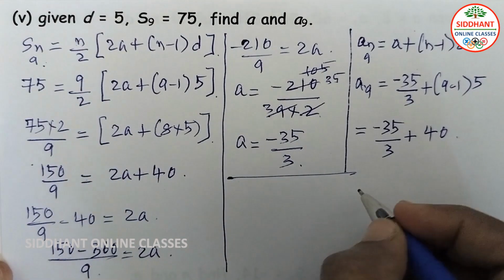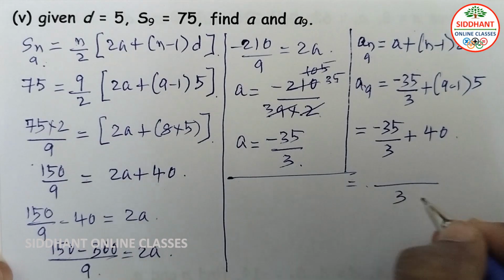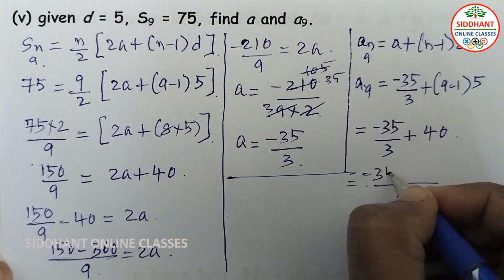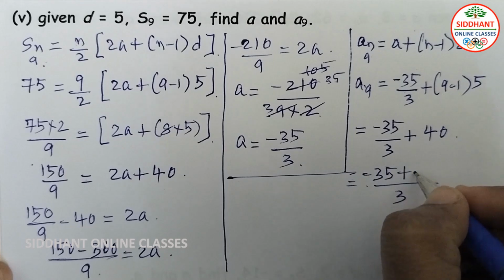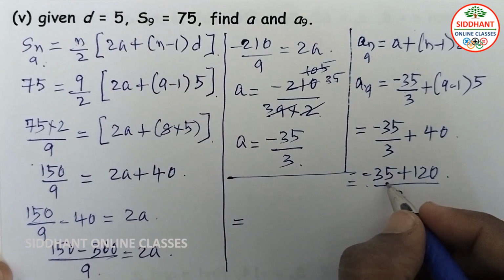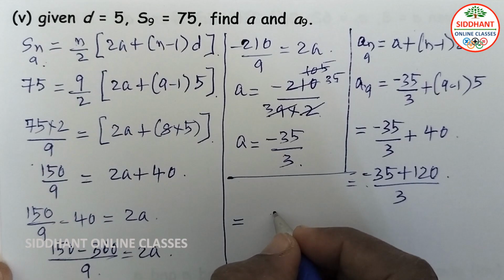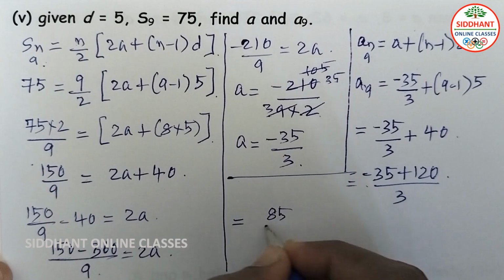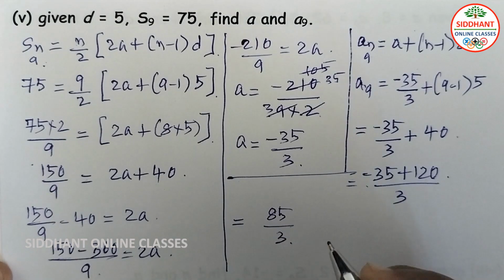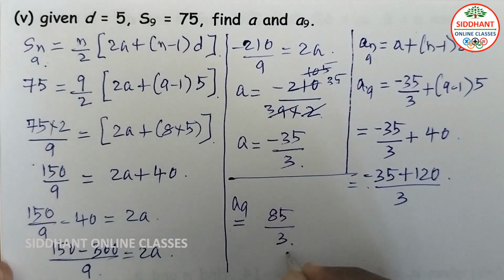Now taking the LCM 3, minus 35 plus 120, that equals 85 by 3 here. So a9 is equal to 85 by 3.